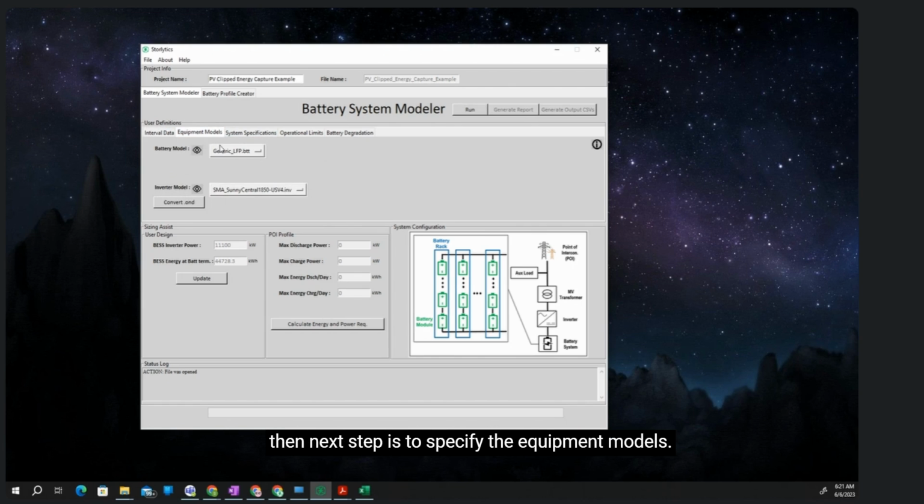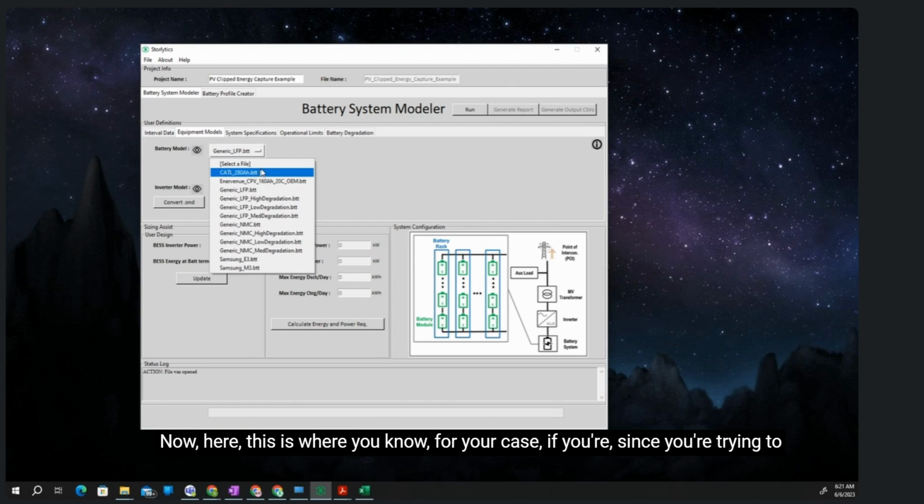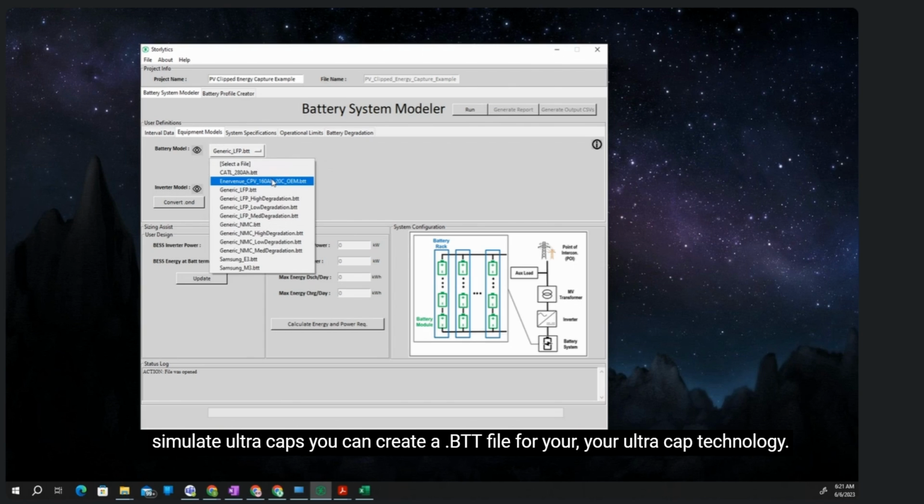And then the next step is to specify the equipment models. Here, since you're trying to simulate ultra caps, you can create a .btt file for your ultra cap technology. Here we mentioned the Enervenue example.